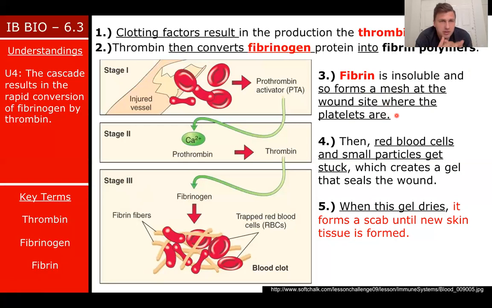So remember, blood liquid is more than anything going to be water-based. So if it's insoluble, it's going to not allow that water to leave, okay? So the idea is this fibrin right here, now that it's formed, is insoluble and forms a mesh at the wound site where the platelets are. So mesh, think of it kind of like a netting or a net to kind of trap.